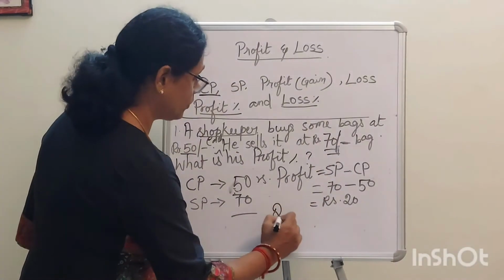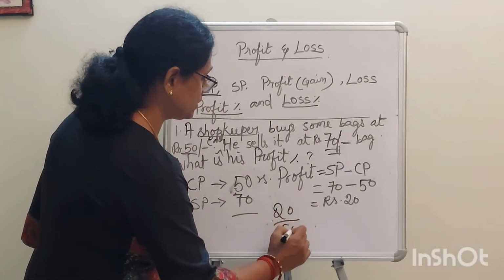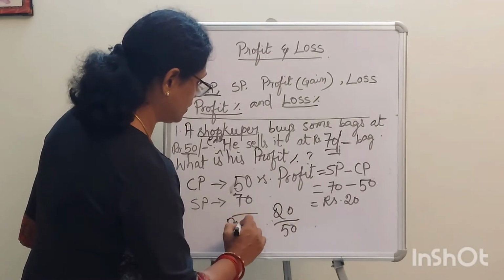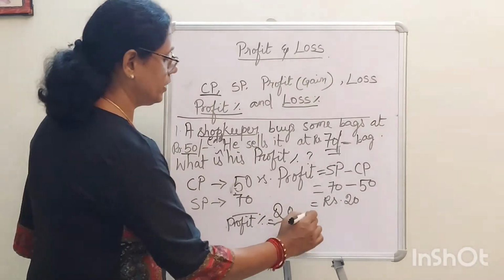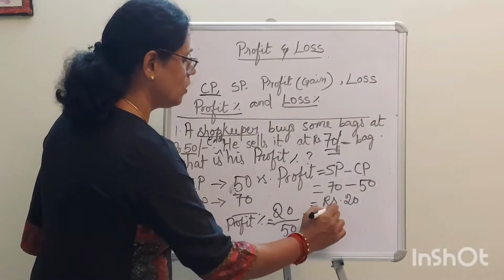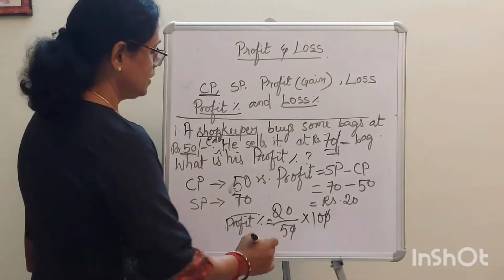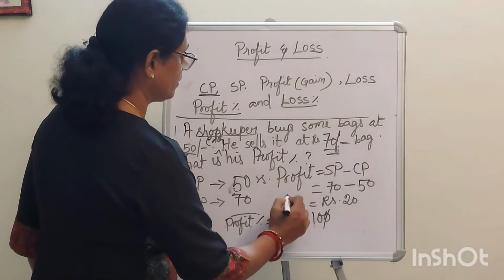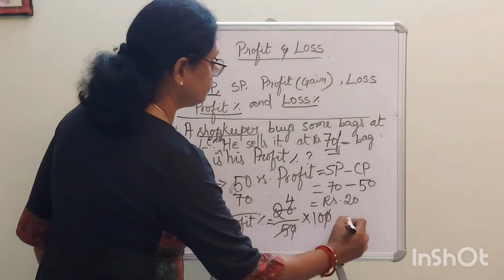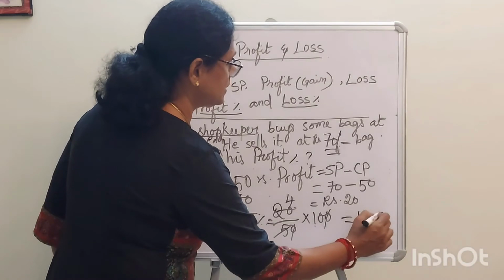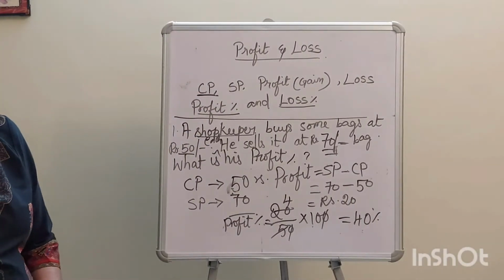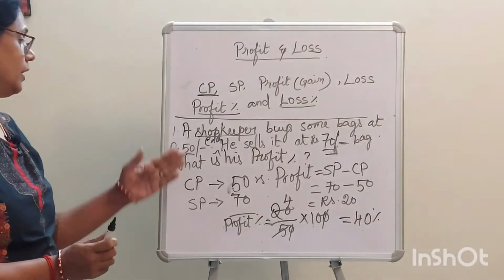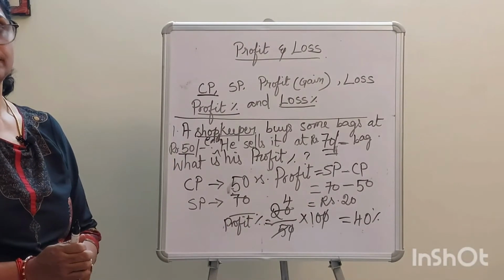So profit percent is 20 rupees out of 50. Therefore for 100 rupees, what is his profit? 4 into 10 will make 40%. So this shopkeeper gets a 40% profit in his sale.